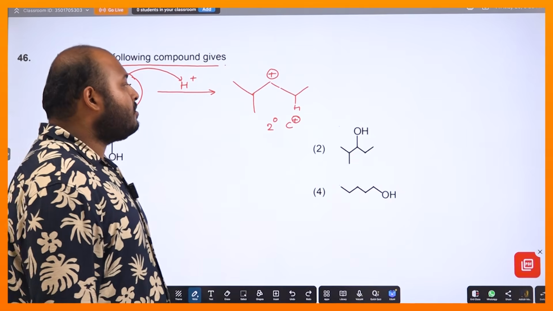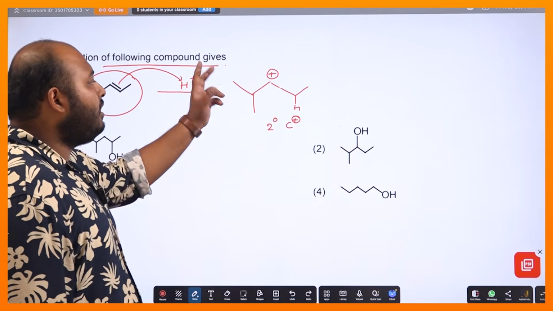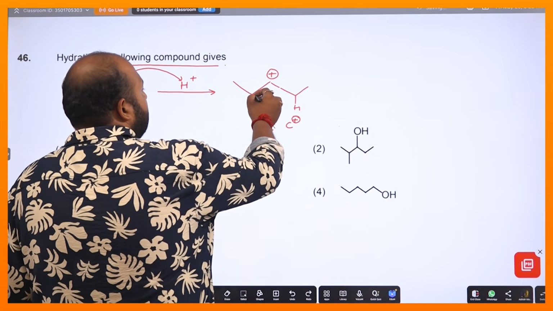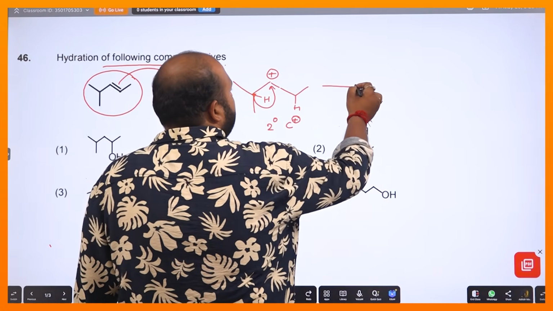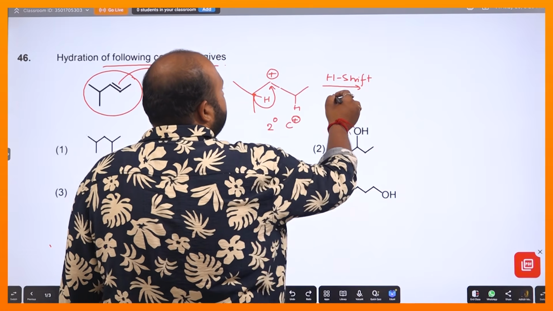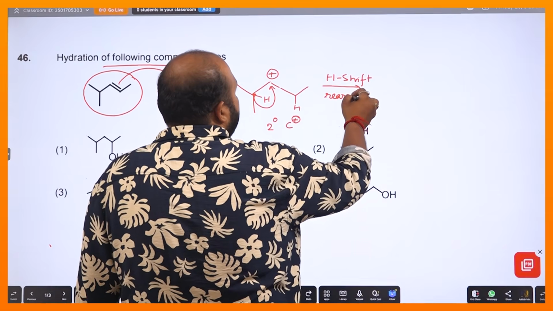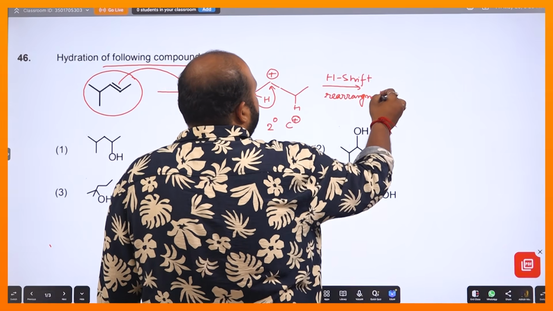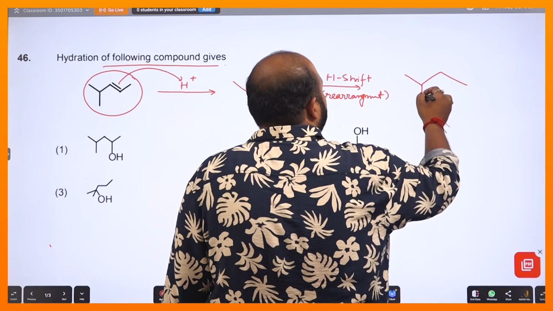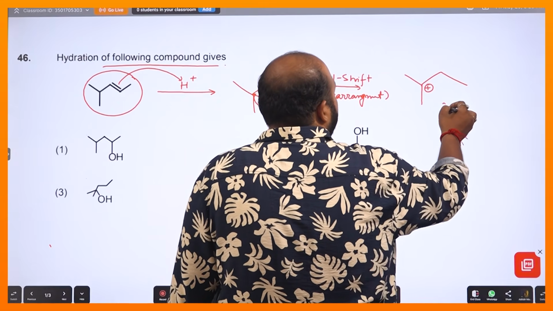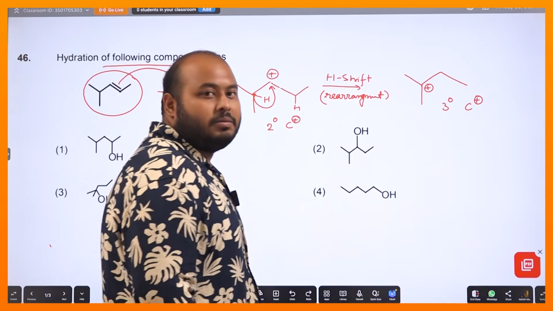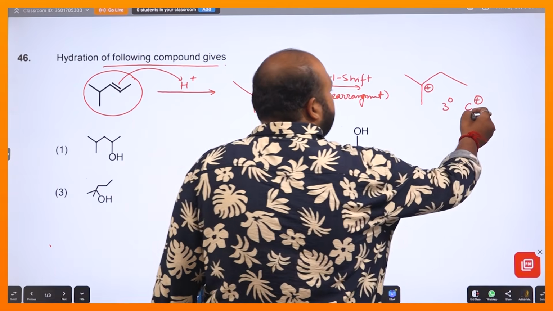So there is a possibility of a 3-degree carbocation happening here through a rearrangement. So there will be a hydride shift here, rearrangement. And it will become a 3-degree carbocation, which is a more stable carbocation form.